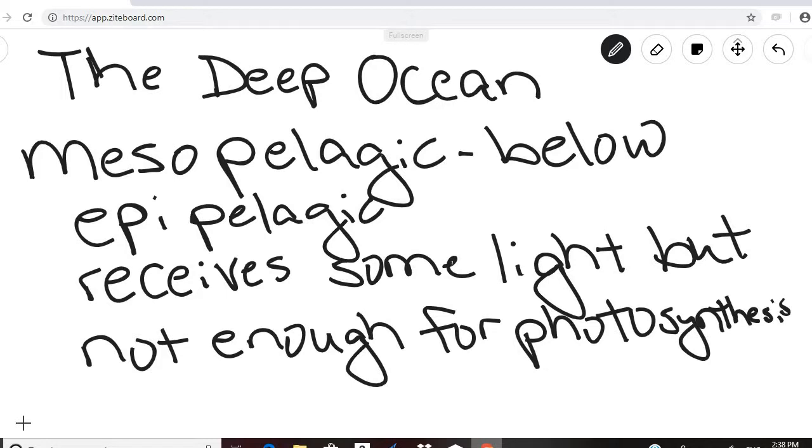Okay, so below the epipelagic, even though there is some light, not enough light for photosynthesis. So that is the mesopelagic. We'll look at each of these areas on a figure in just a minute.